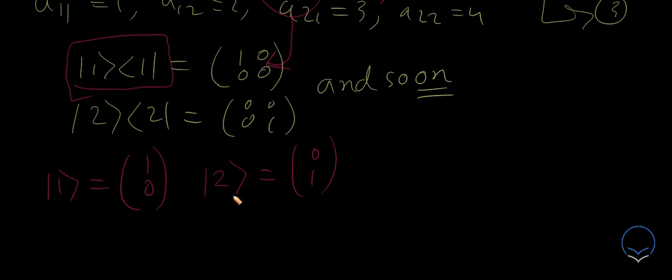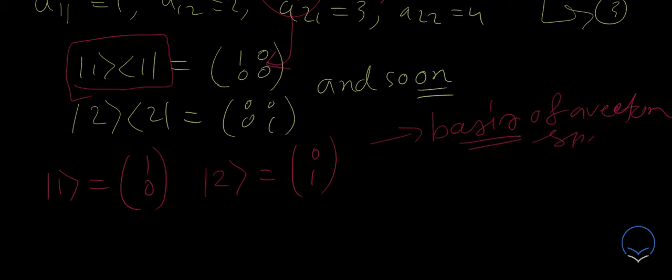This will be clear when we discuss something called a basis of a vector space. I'm not justifying why I have written it like this, because it's related to the basis, and I want to get this 1 0 0 0 matrix out of this weird outer product.